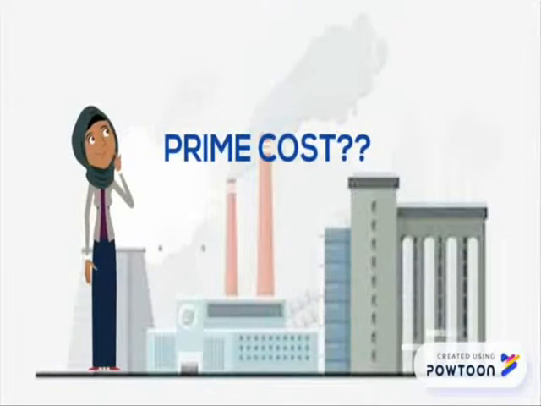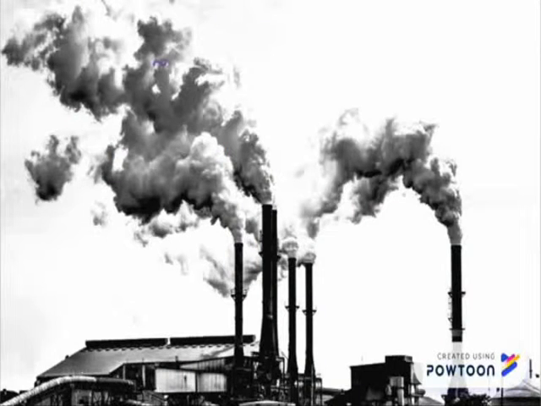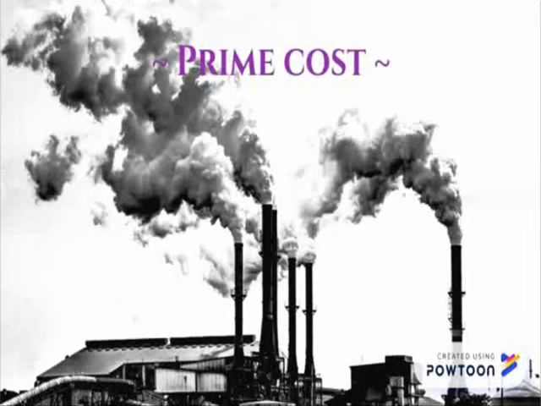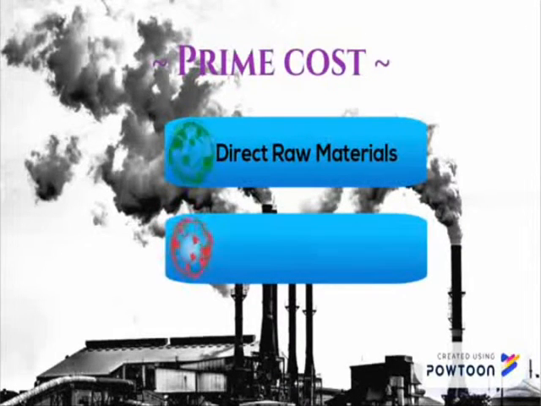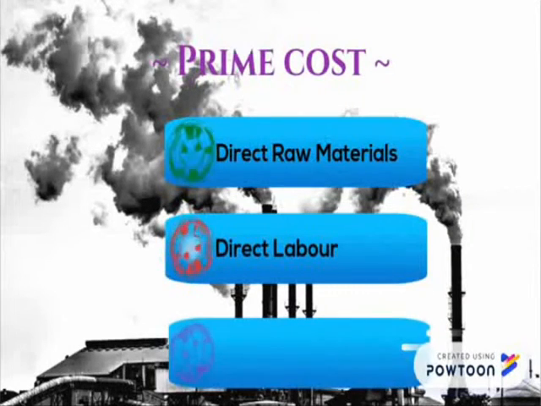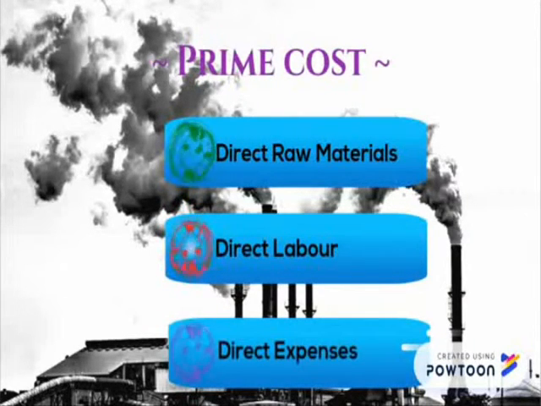What do you know about prime cost? Prime cost consists of three components, and they are: first, direct raw materials; second, direct labor; and third, direct expenses.